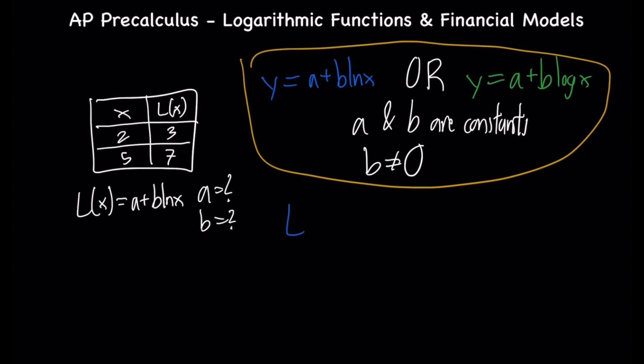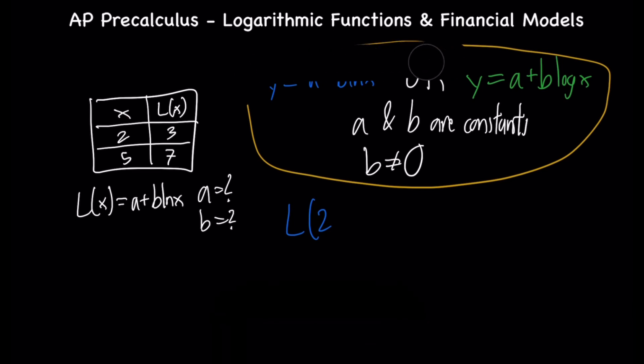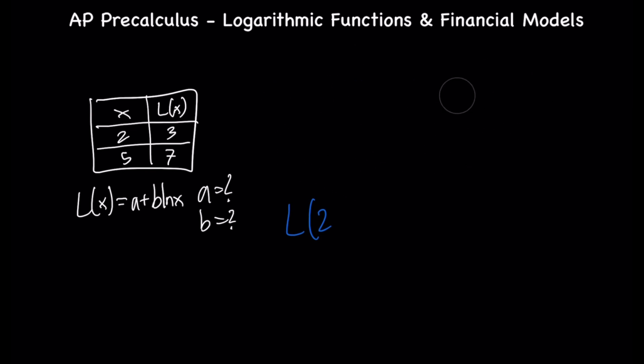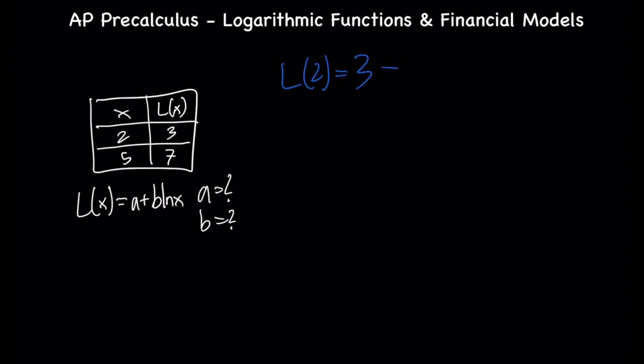We have L of 2, let me actually erase this just for more space. This is a lot smoother. It's actually amazing. So say we have L of 2 is equal to 3, right?